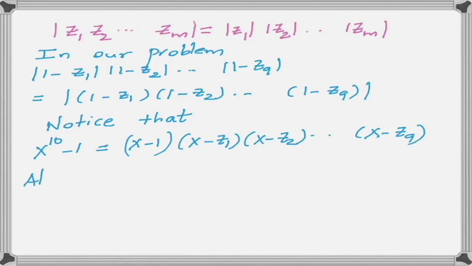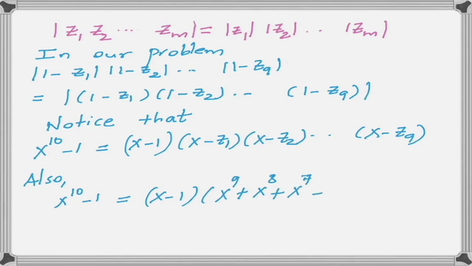Also, we know that x^10 minus 1 factors as (x minus 1) into (x^9 plus x^8 plus x^7 and so on up to x plus 1). So now if you compare equations 1 and 2, what will we get?